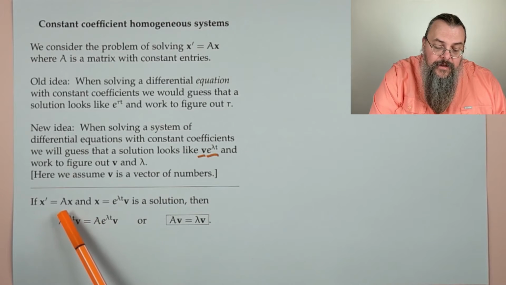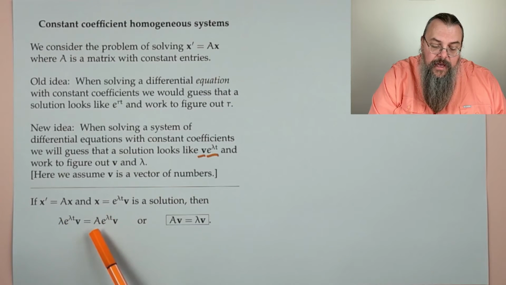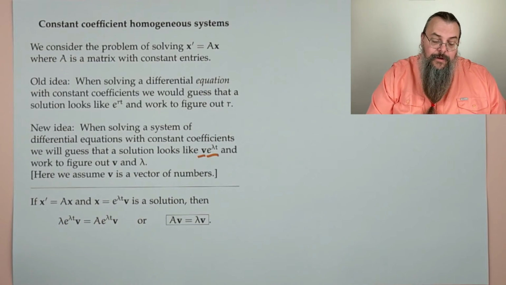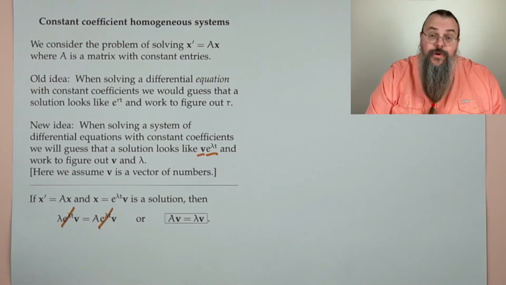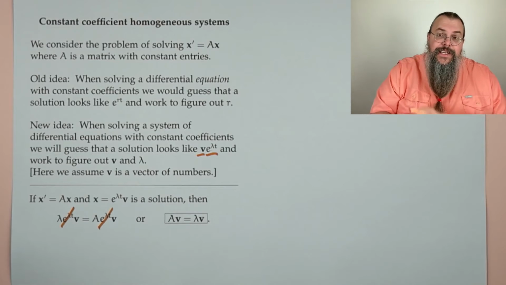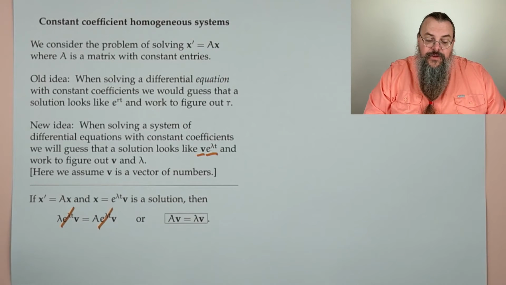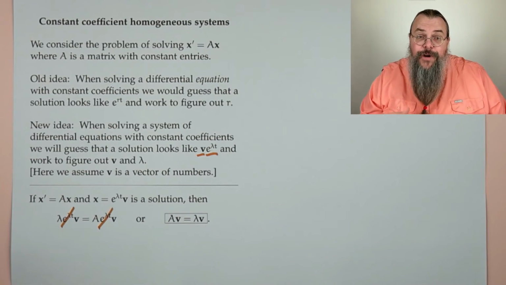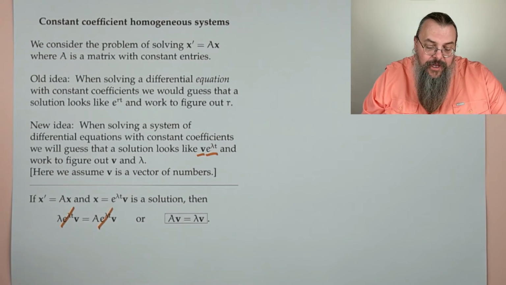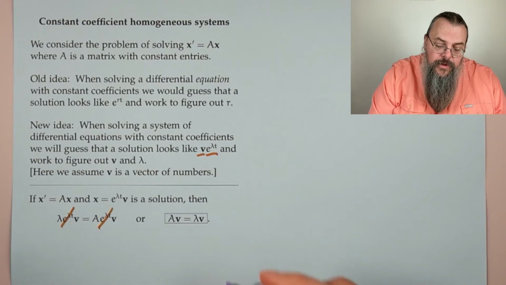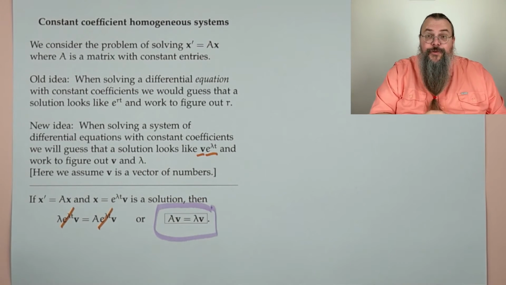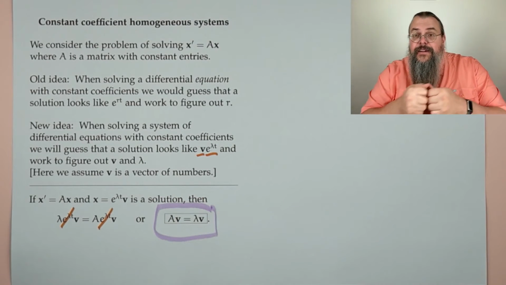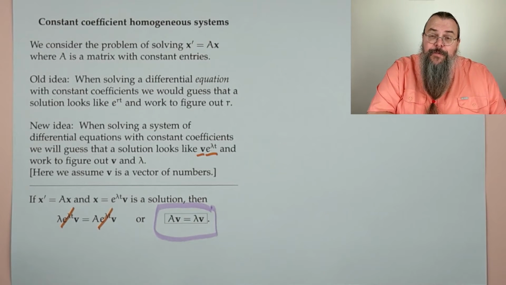On the other hand, A times x is just A times x. And we're like, wow, that looks cool. We can cancel the e to the lambda t's. So we've transformed our problem, and now what we're looking for is something where this is true, where A times v equals lambda times v.